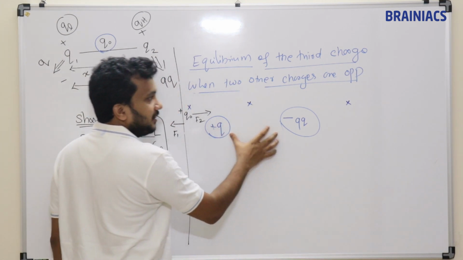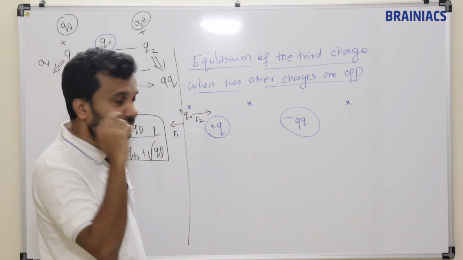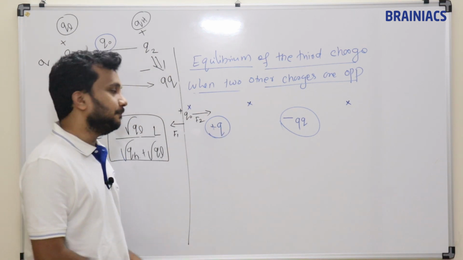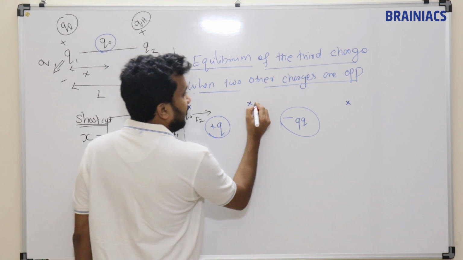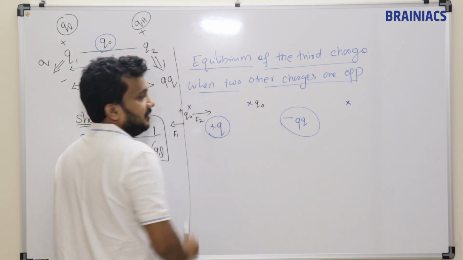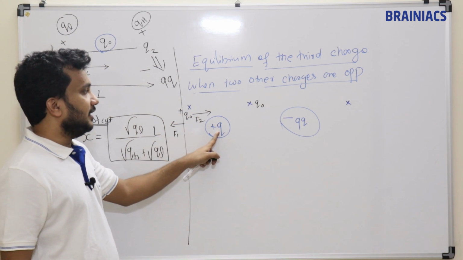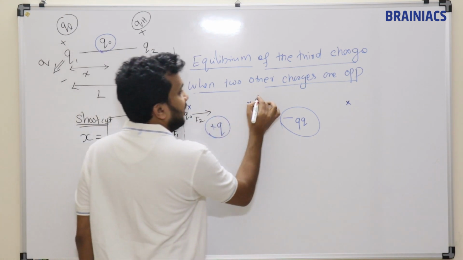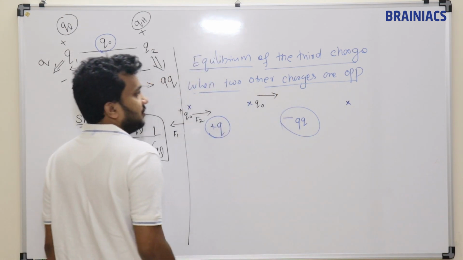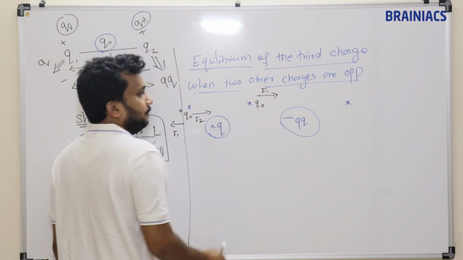Now we'll see the middle side. In the middle portion, is there any chance these charges come to equilibrium? Now instead of placing q0 here, I am placing q0 here. Now what will happen because of plus q? Plus q with q0 will repel, both are equal charges, so that is called F1.